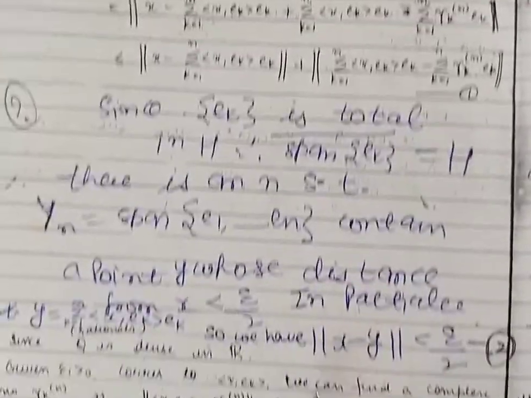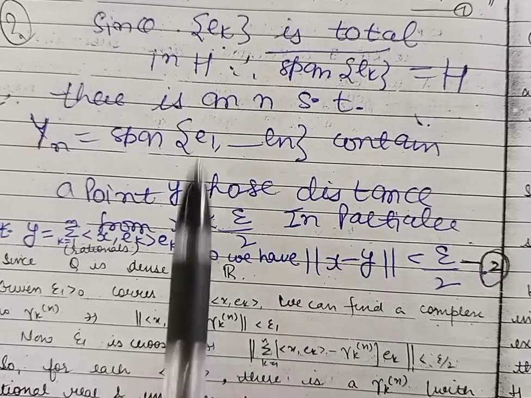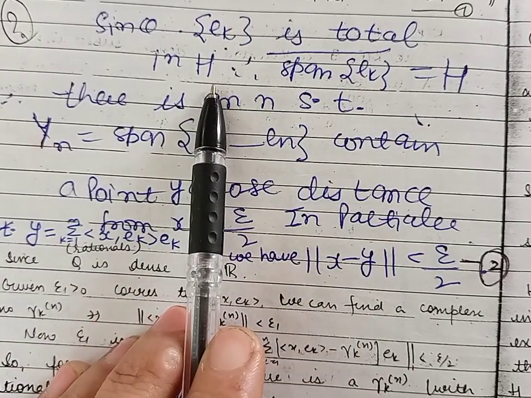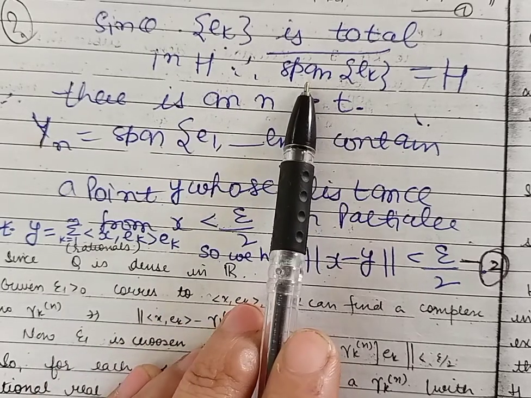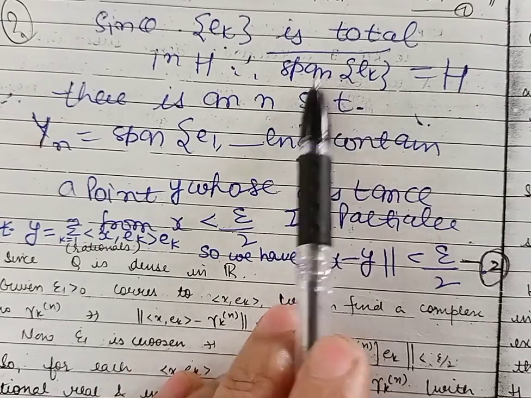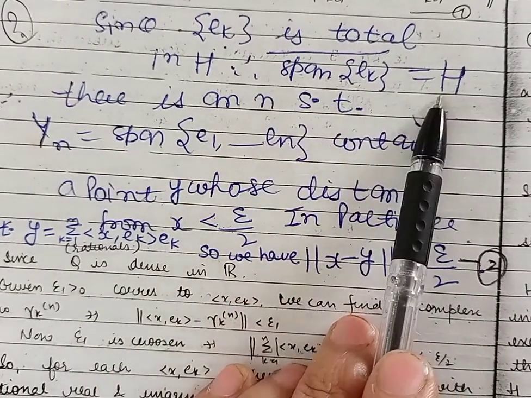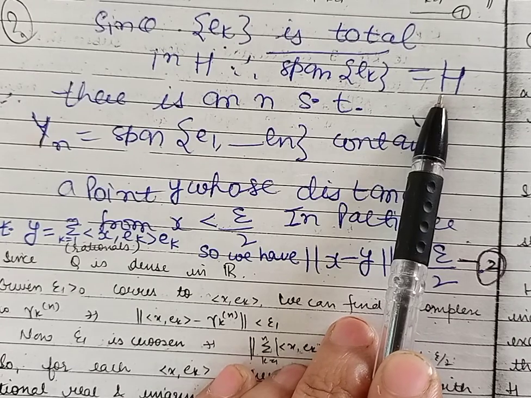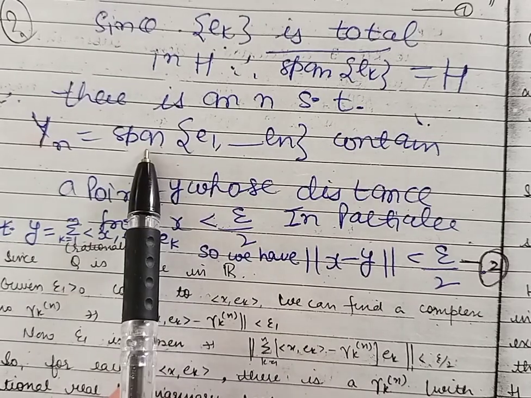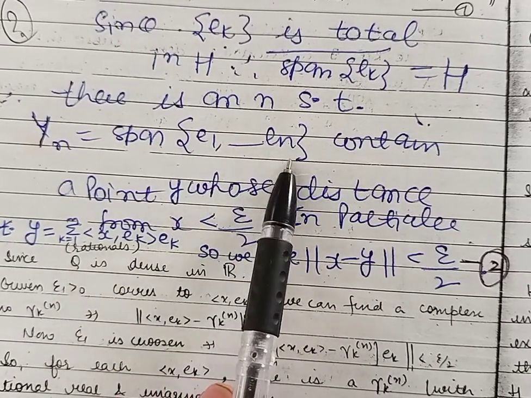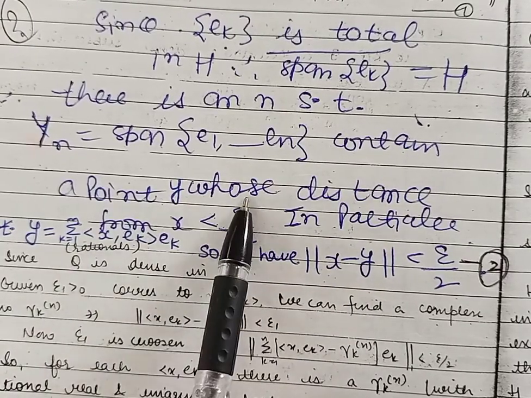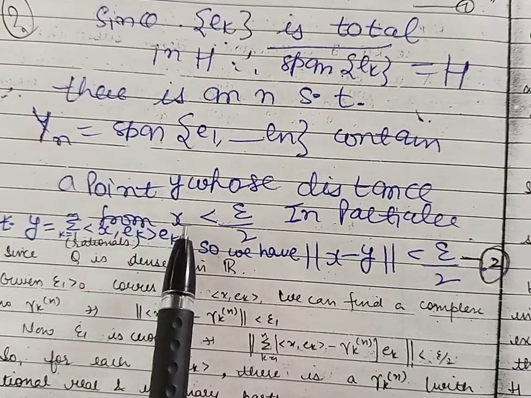Now because we are given that the sequence e_k is total in the Hilbert space H, by definition of total, we can say that the closure of the span of the members of e_k is the same as H. Therefore we can say that there will be an n such that the span of e_1, e_2, e_3 up to e_n contains a point y whose distance from x is very small.